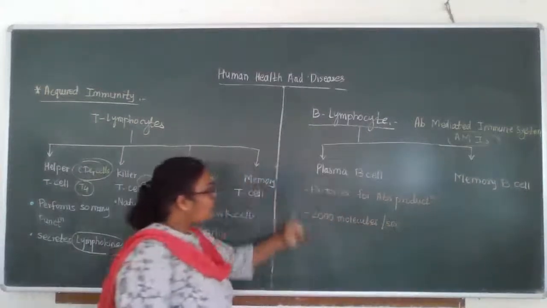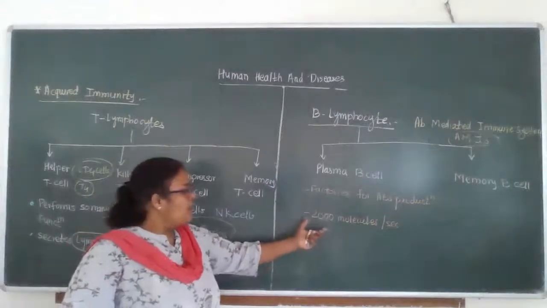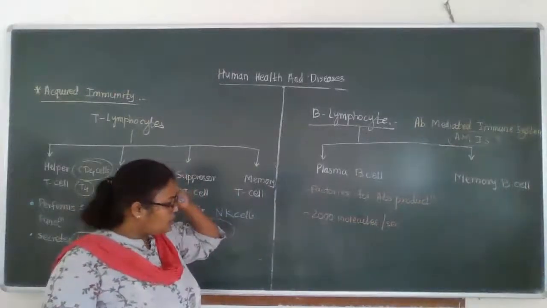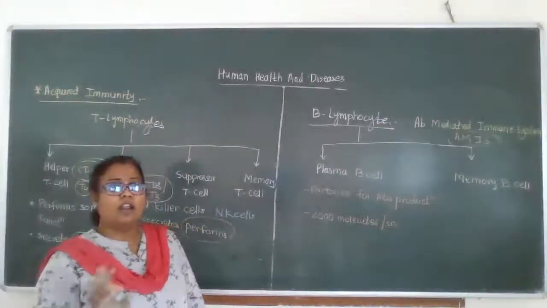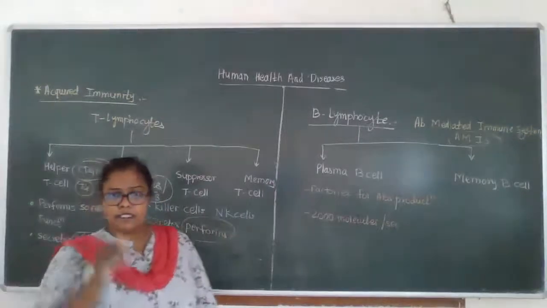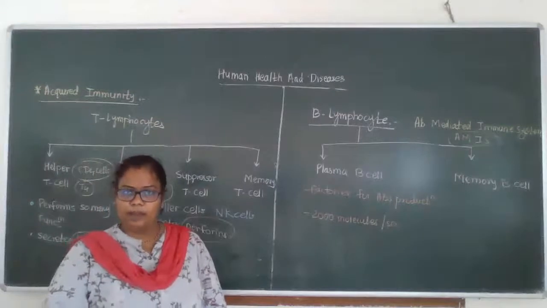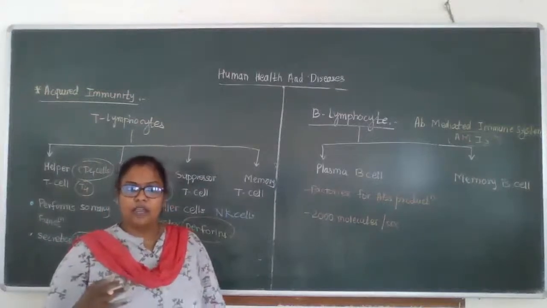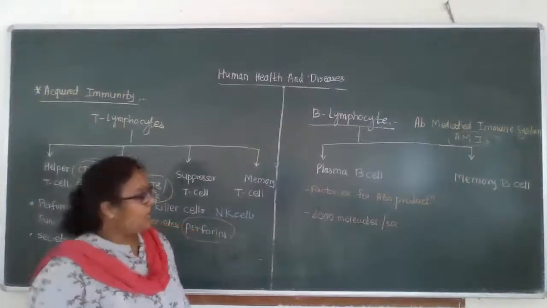That means its production rate is very high. The plasma B cells play a very important role in humoral immunity by producing antibodies, and it is very specific to that antigenic invasion.